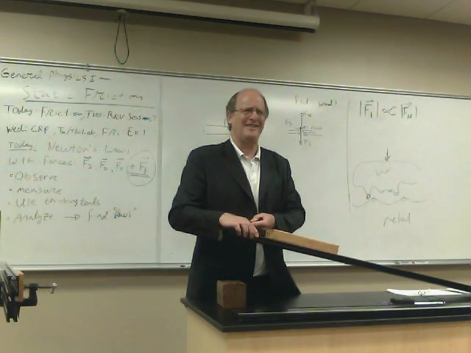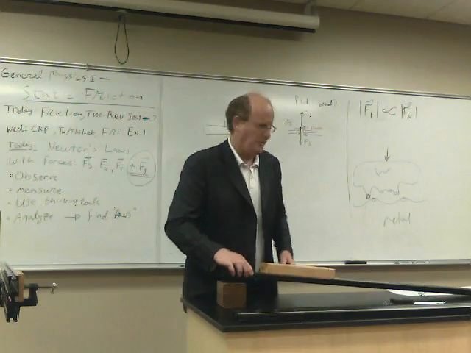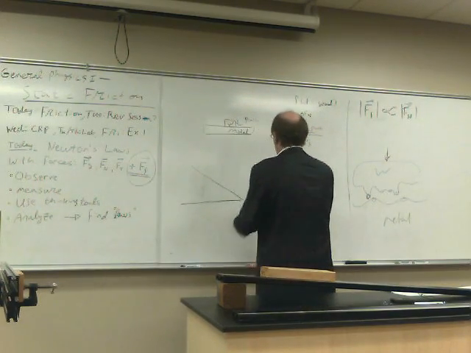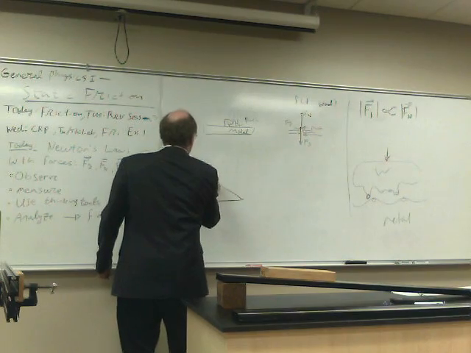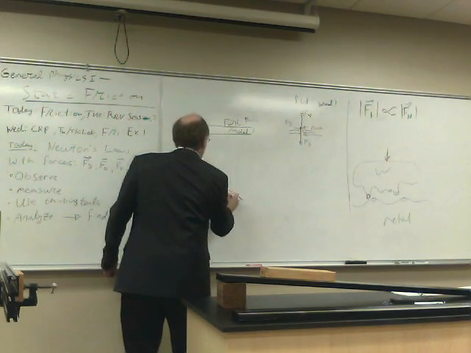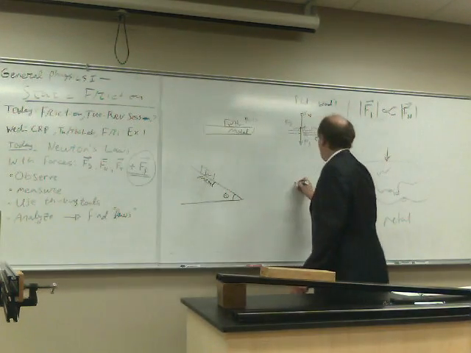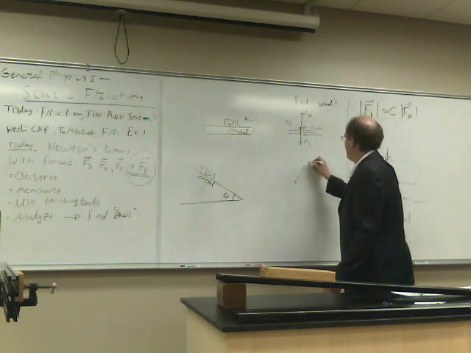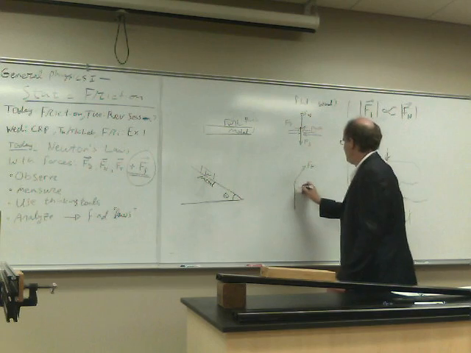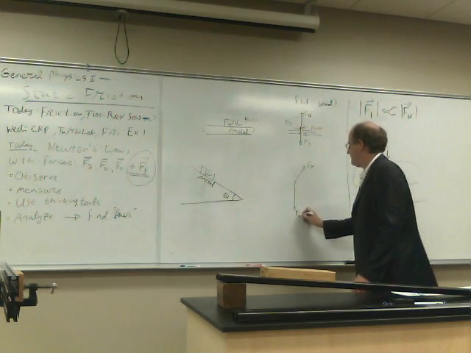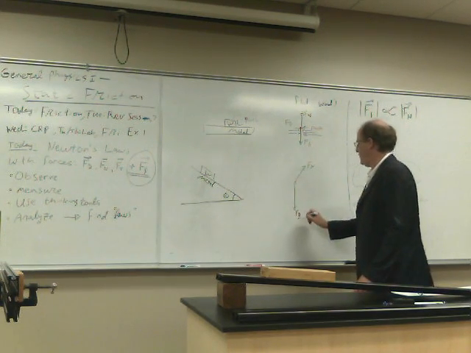Let's see what happens with the proportionality constant right there. So, we have here again wood, metal. This is theta. We do a free body diagram. Normal force. Gravity. Sorry, small g.